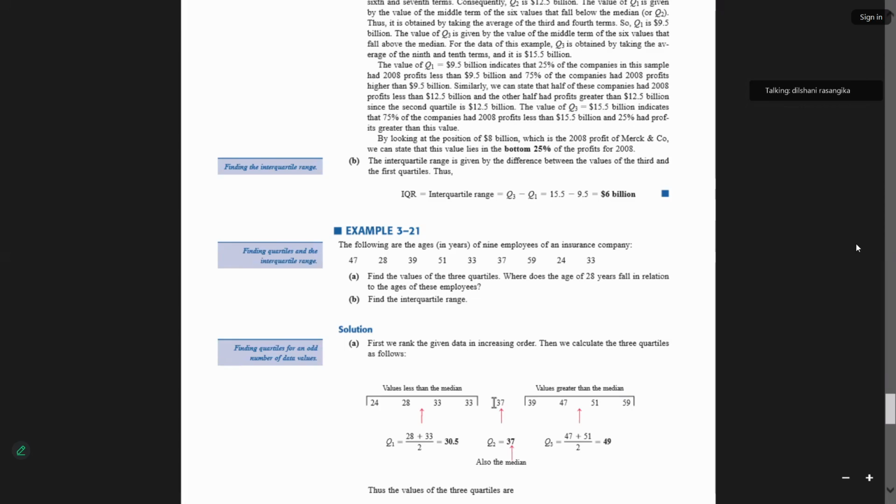So we eliminate this value and only take this portion, and then we can find Q1. There are 4 data. Then 4 divided by 2 equals 2. That means it is divisible by 2. Then we need to take the second and third values.